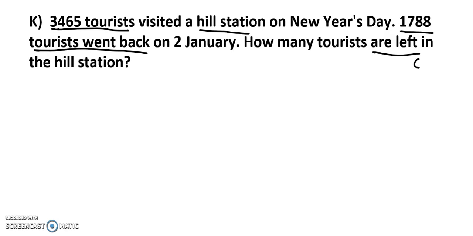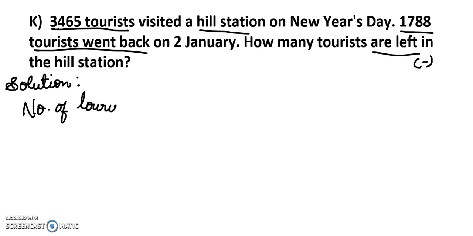So what do we have to do? We are going to subtract. So write the solution. What is the first step? Number of tourists visited a hill station. From the question itself, the answer is there.